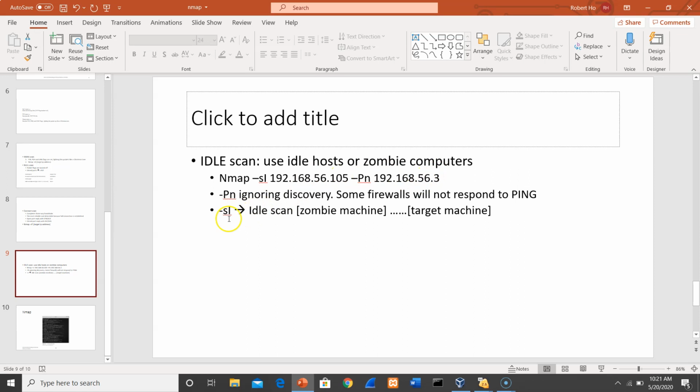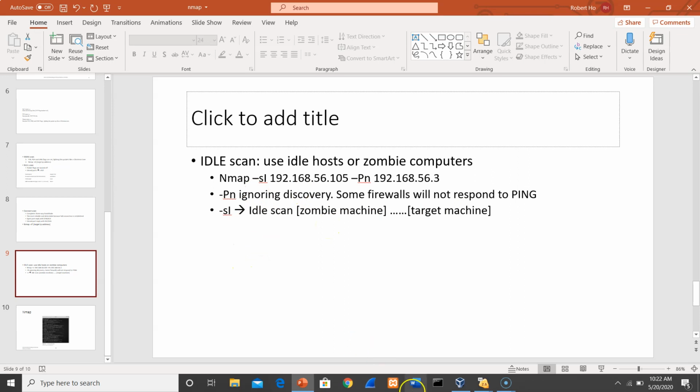So the command is -sI, idle scan. You need to put the zombie machine IP address and then the target machine IP address.